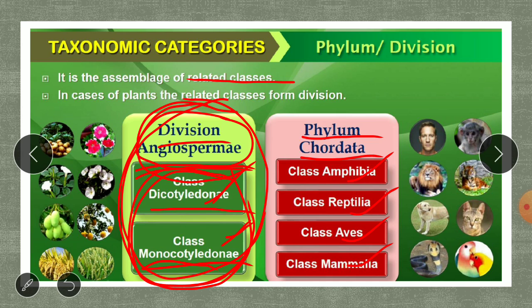And class Mammalia, we just now saw humans, lions, tigers, dogs, all these are called the class Mammalia. What is common between all of them? The common feature is that they all have a backbone, a notochord, that is Chordata. So they are put in the common phylum, that is Chordata.